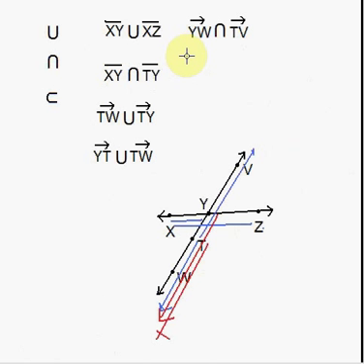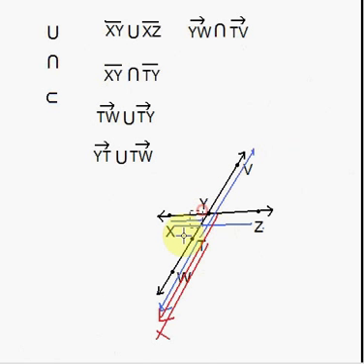Okay, this is the intersection of YW and TV. Grab a different color. This is getting a little bit messy, but okay.